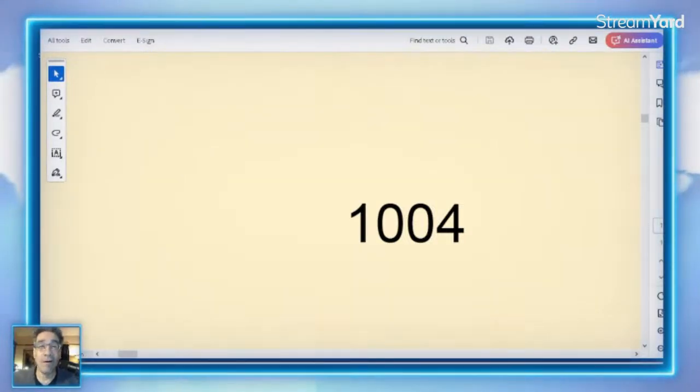All right, and the next is the 1004. All right, come on now. 1004, and so I remember the 1004 is for sale, okay, for sale, and this is your uniform RAR, residential appraisal report.